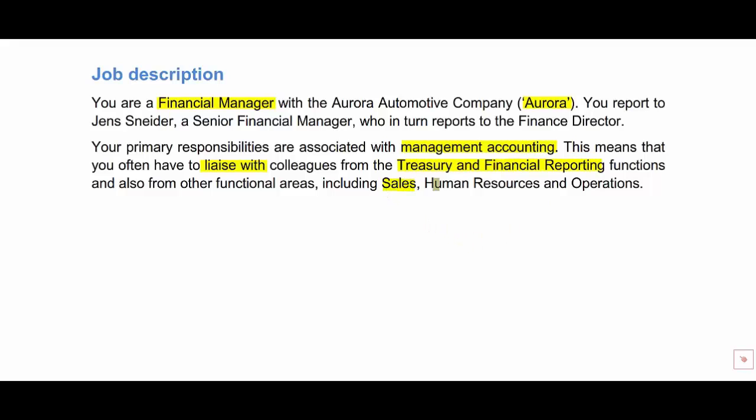So you can expect at the management level a wider range of interactions than you encountered at the operational level. At the operational level, you were more confined to discussions with finance colleagues. You could assume a certain level of financial jargon was acceptable with those colleagues. You didn't have to explain those terms to them.